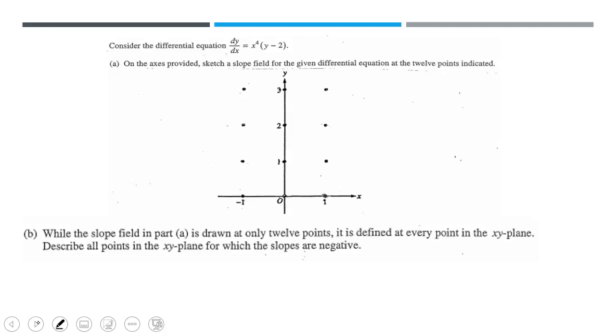And then last, consider the differential equation dy/dx equals x to the 4th times y. This was off an old AP exam. They actually had you provide the slope field. It says provide a sketch of the slope field given the following differential using all 12 points.